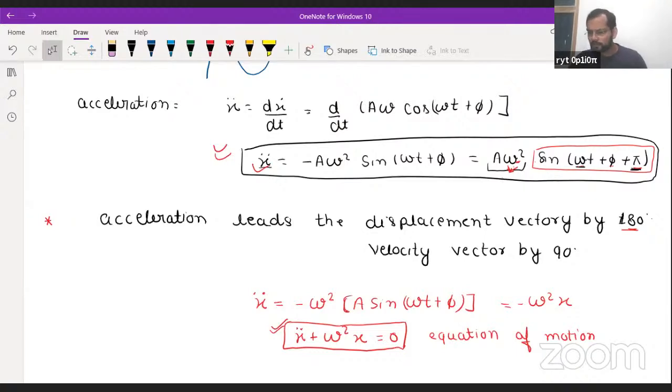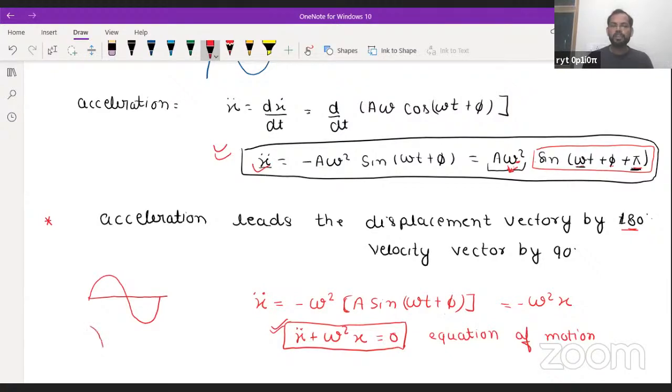So Aman is asking what is the theoretical meaning of acceleration and velocity leading by 180 degrees and 90 degrees. Okay, Aman, I am just explaining. For example, this is the displacement equation.